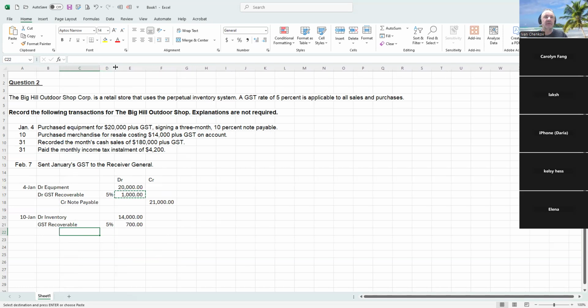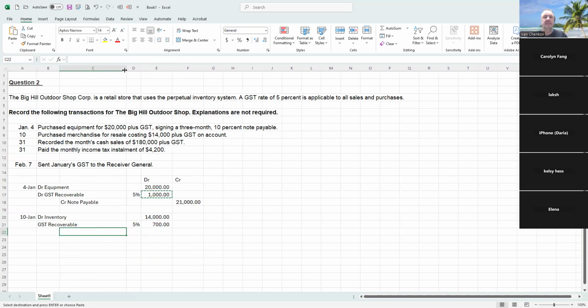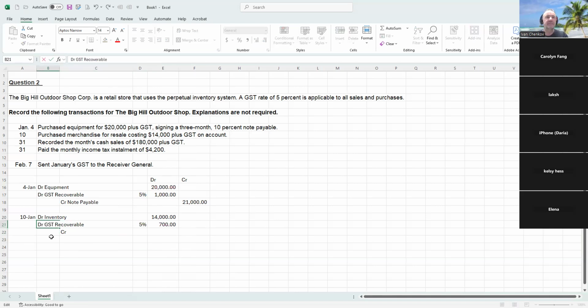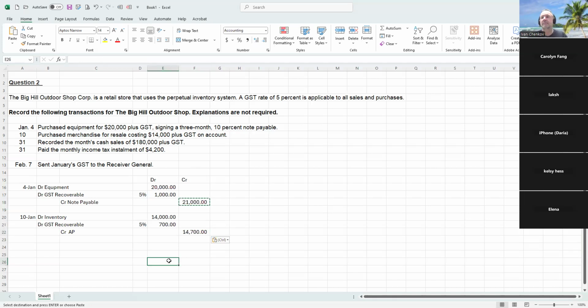What will be the credit account? Accounts payable, and that accounts payable should be equal to that amount.